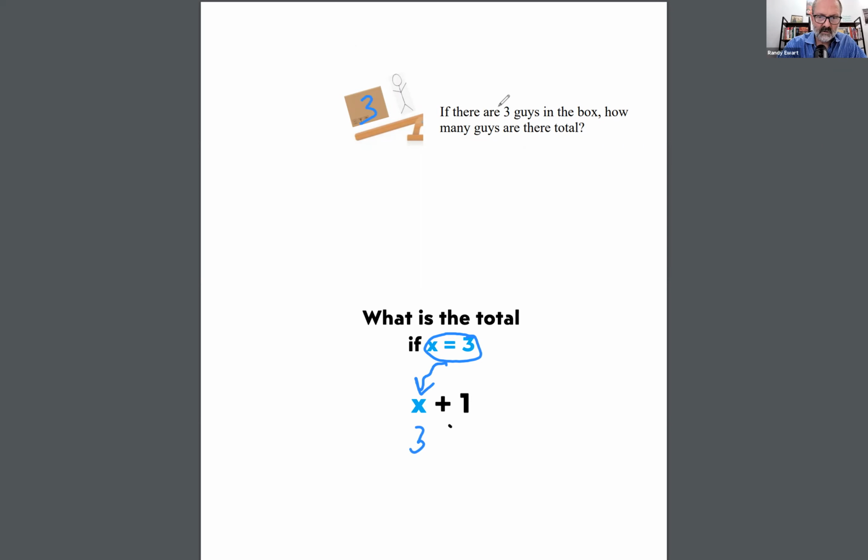So now instead of x plus 1, we have 3 plus 1. We can calculate that. We have 4. And now we have evaluated this expression. We came up with a number for it. We're like an Olympic judge. We held up a number to give that expression a score. In math, we call that evaluating.